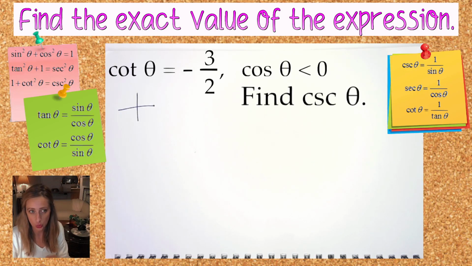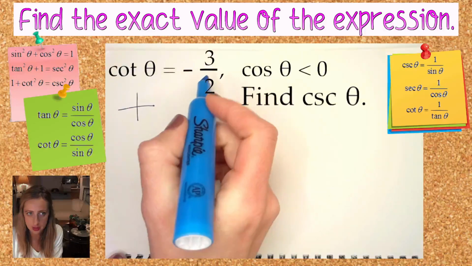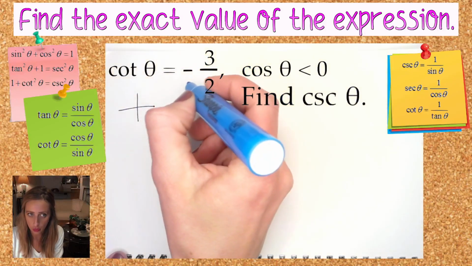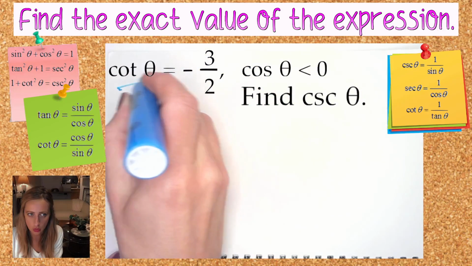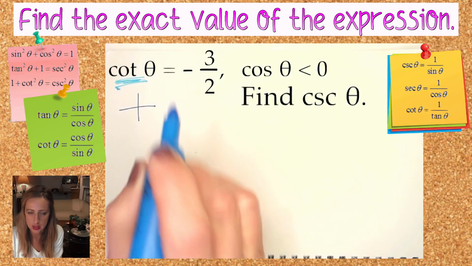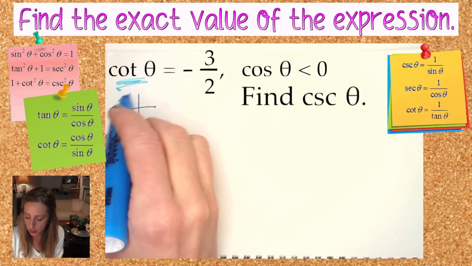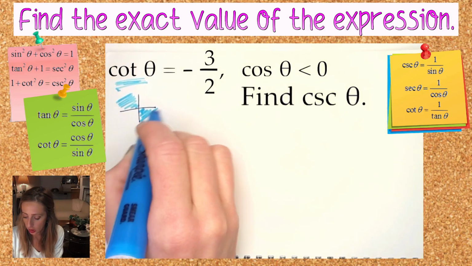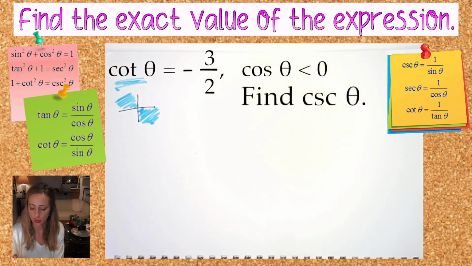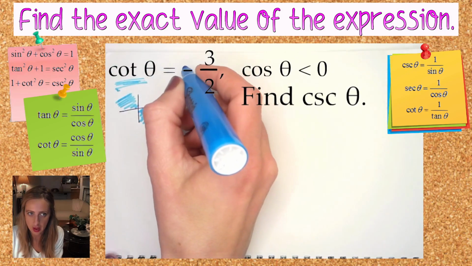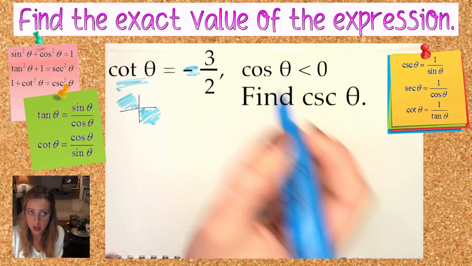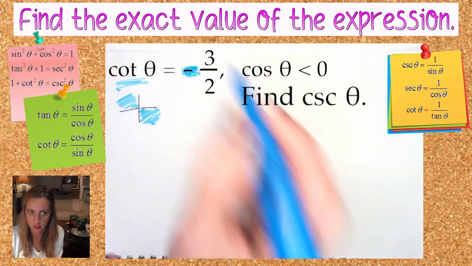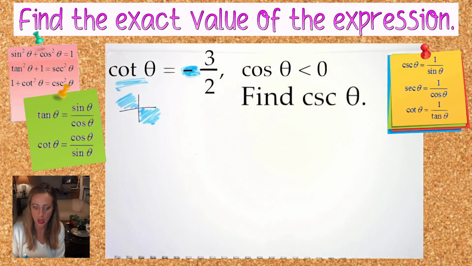The cotangent is negative 3/2, so if cotangent is negative, that means we're in either quadrant 2 or quadrant 4.